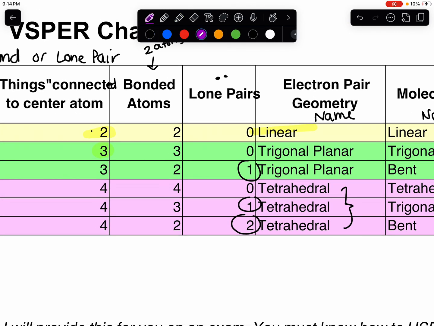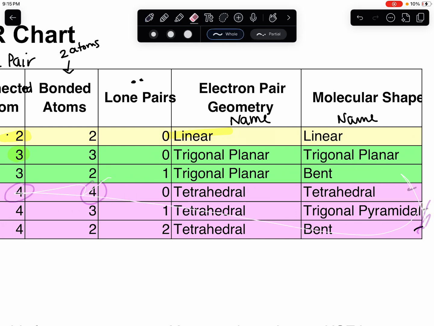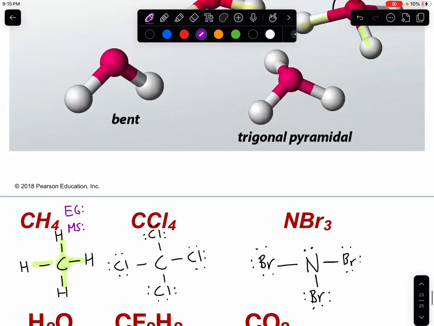So when it is four things and they're all bonds, no lone pairs, therefore what I'm going to be looking at is tetrahedral, tetrahedral. Now you're going to say to yourself, it's the same name. Why do I have to write it twice? And you do, okay? You just have to write it twice. That's how we do this, because you can have a different molecular shape name.